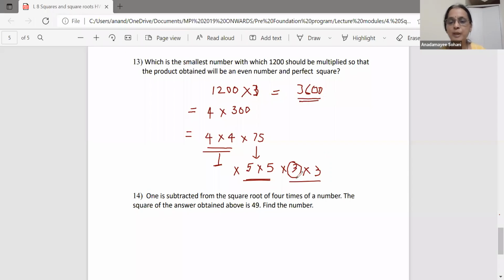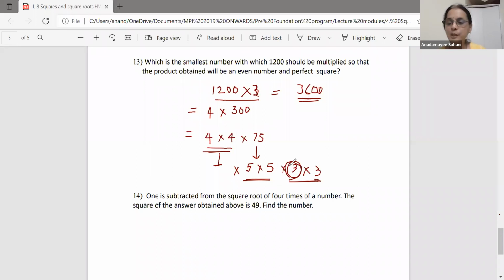And this is the smallest number with which I can multiply 1200 to get a square number. What have I done? I have factorized 1200, removed pairs and located the unpaired factor. When I multiply the number by the unpaired factor, I will get the closest square number to 1200.